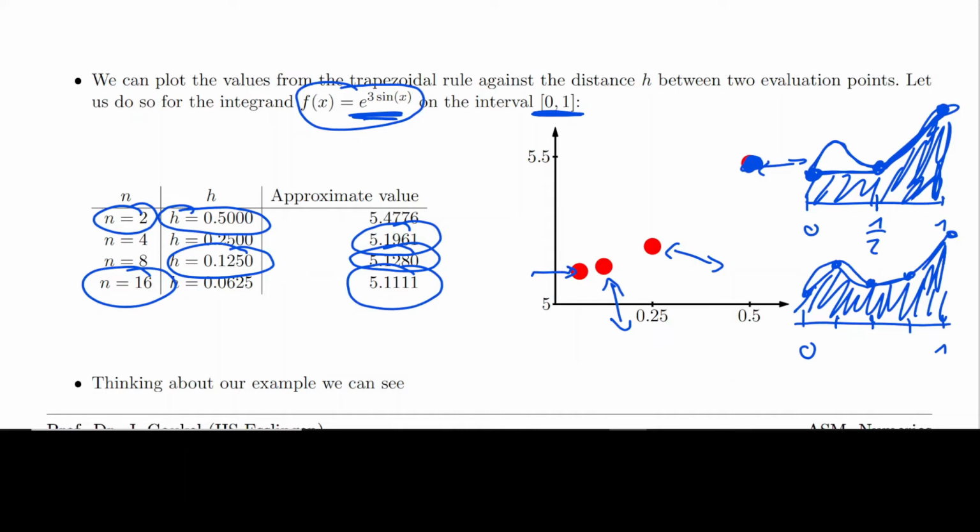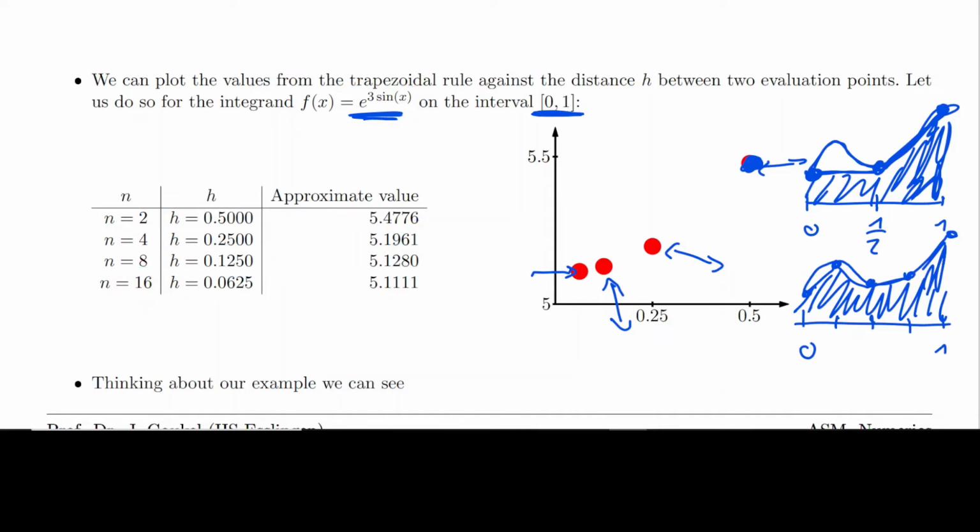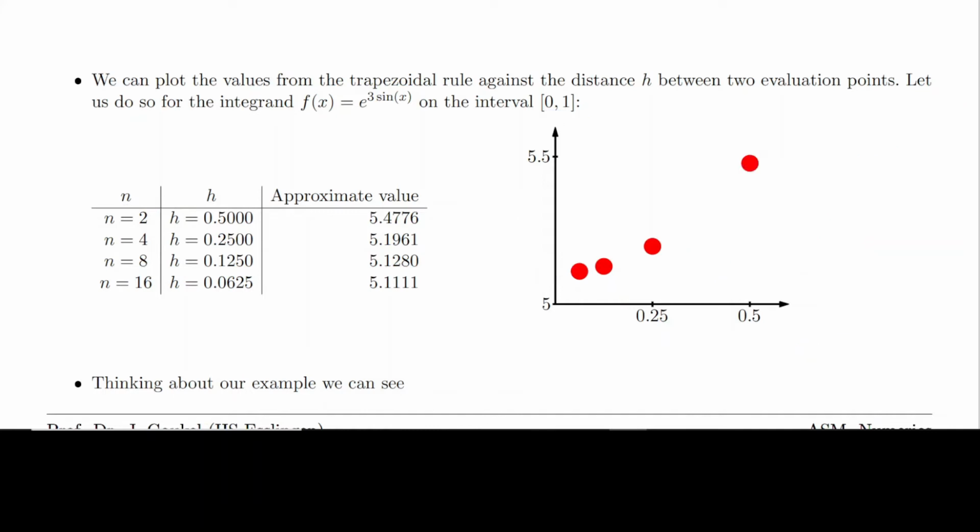I hope you understand what's going on here. And if you see that, there's a very natural idea: maybe this is the correct value. Because in this example, if h is chosen smaller and smaller, the values get smaller and smaller, but there is a tendency, and this is that.